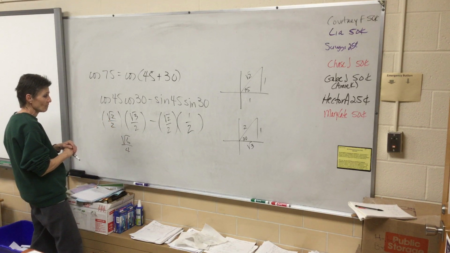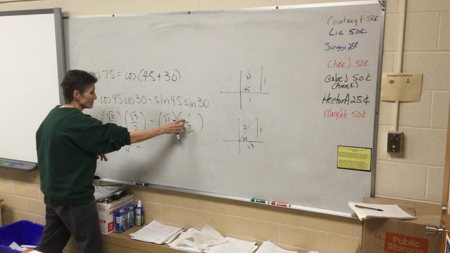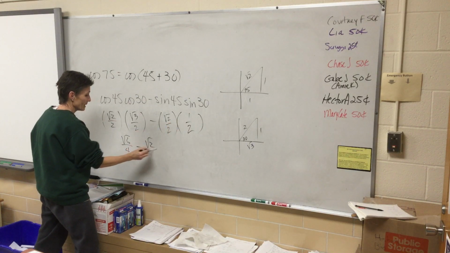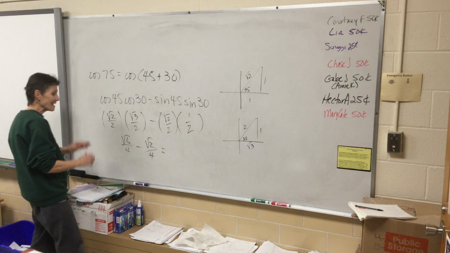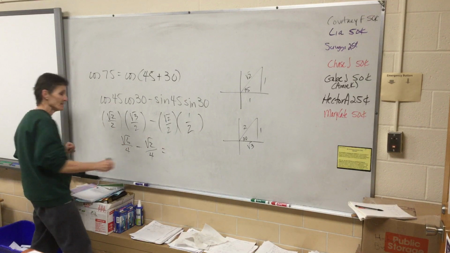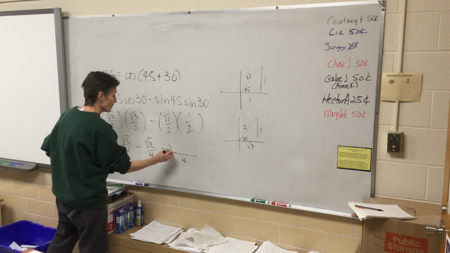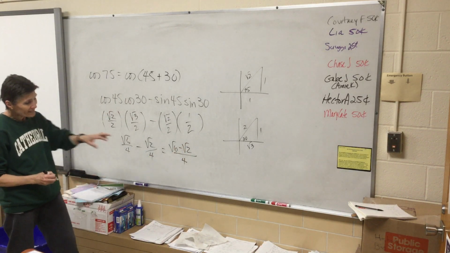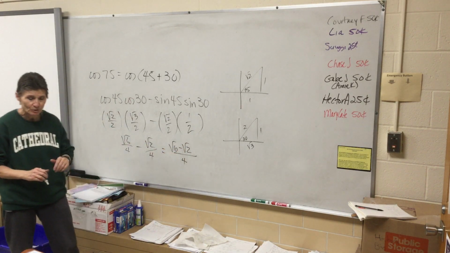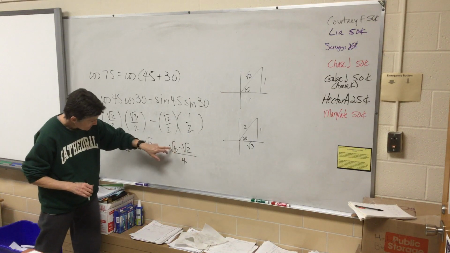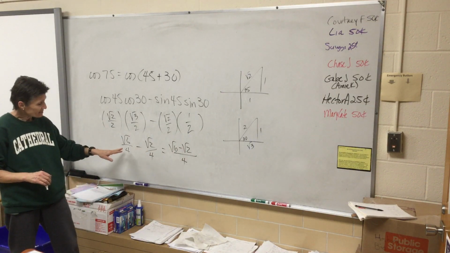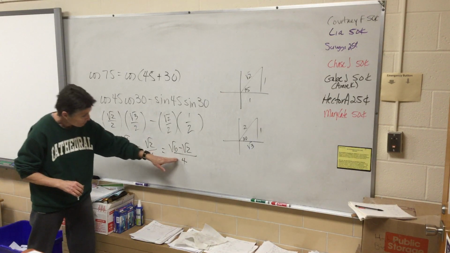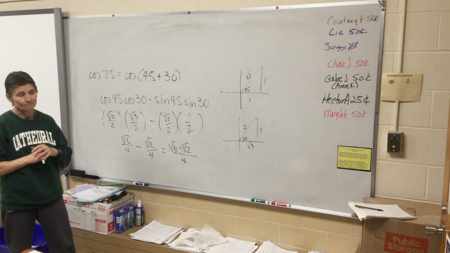That's how we multiply fractions. And then, since they have a common denominator, we're going to go ahead and write them as one fraction, even though we can't combine the root 6 and the root 2. This is the answer. They stay separate like that. But instead of having 2 separate fractions, we make one fraction.